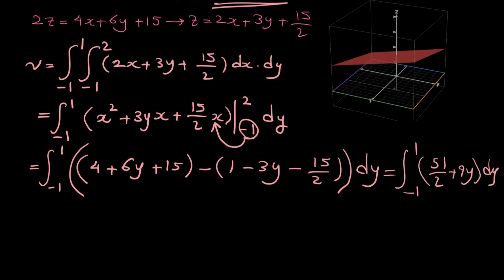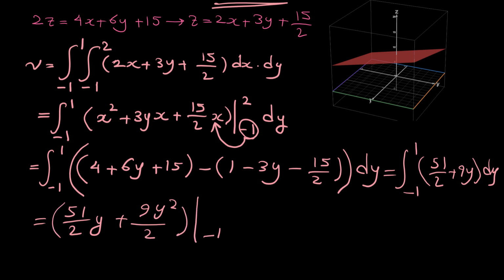Now for finding the integral with respect to y, integral of 51 over 2 with respect to y is 51 over 2 y, and integral of 9y is 9y to the 2 over 2, and all of this is from -1 to 1. Now we have to plug in 1, and we have to plug in -1, and we have to subtract.